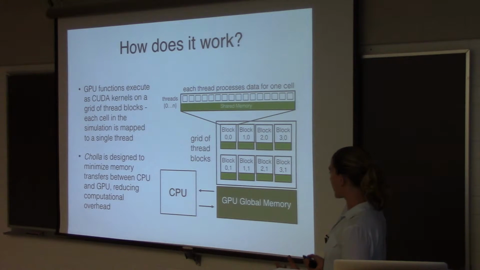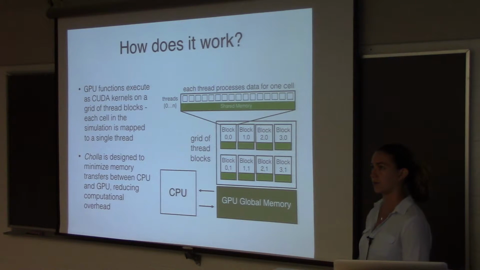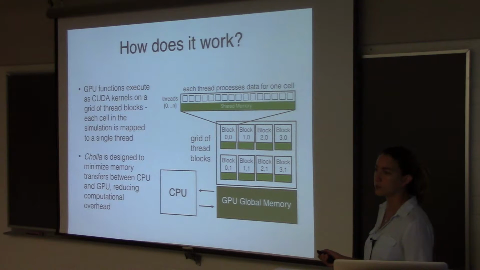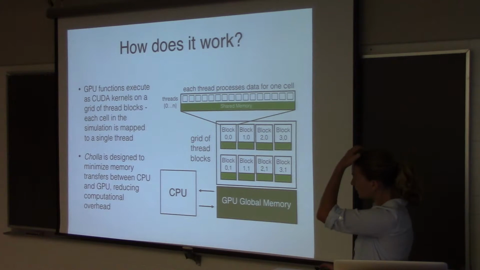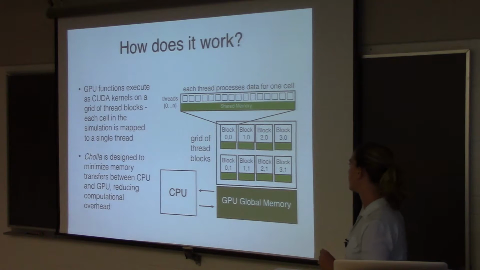This is more of a thematic representation of how things are done on the GPU. The idea is that if you're going to program for an NVIDIA GPU, you can write functions in this language called CUDA, and it's just an extension to the C language. So most of the code is written in C with a few additional functions. And those functions get launched on the GPU in units of these blocks.